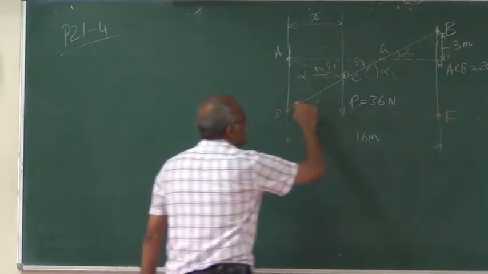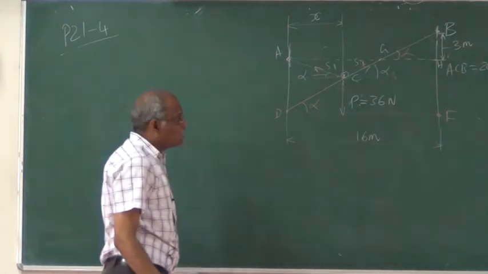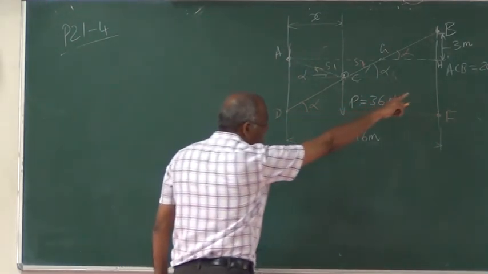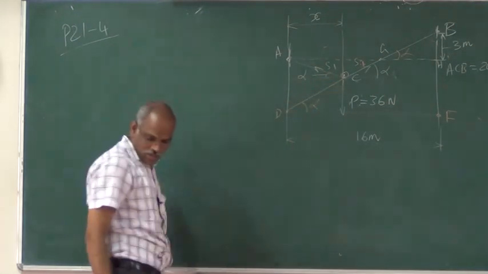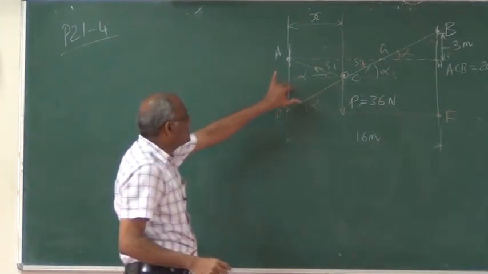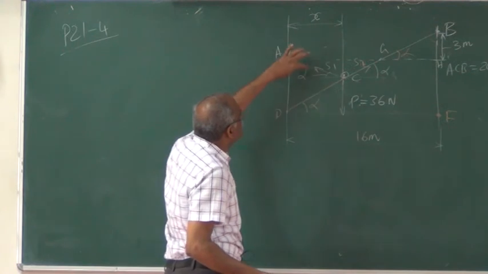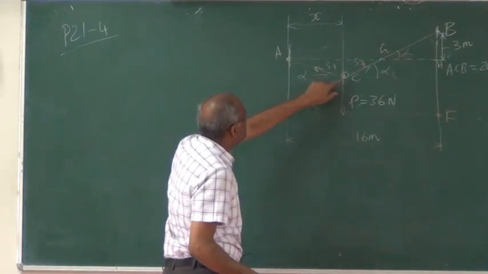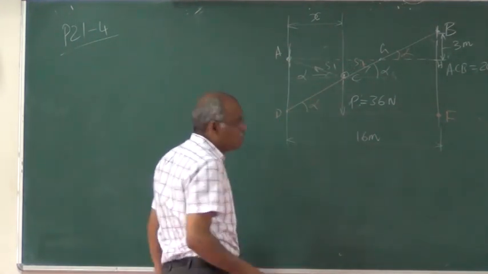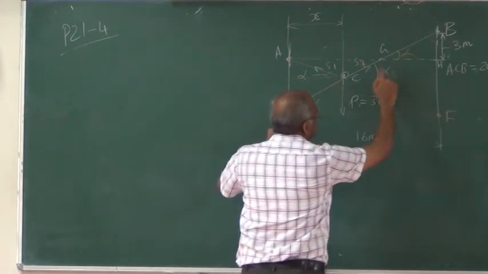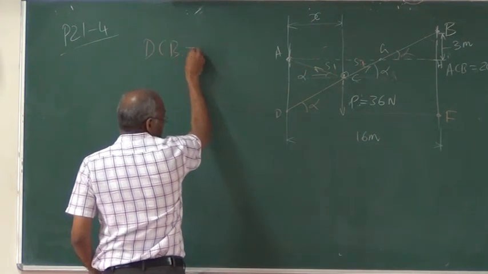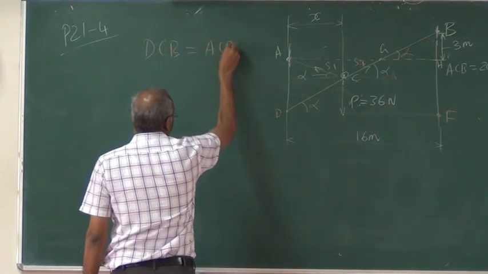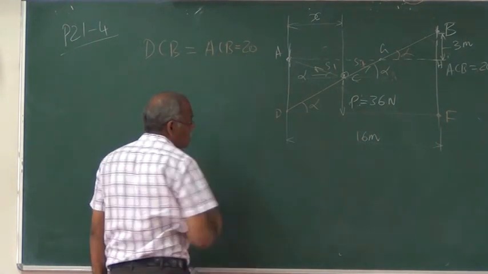So this length DB is your original length ACB. This is an isosceles triangle, so AC and DC are the same, therefore this length DCB is equal to ACB, that is equal to 20.